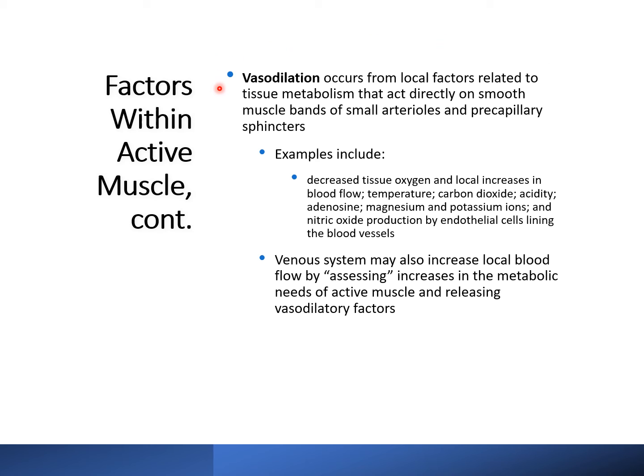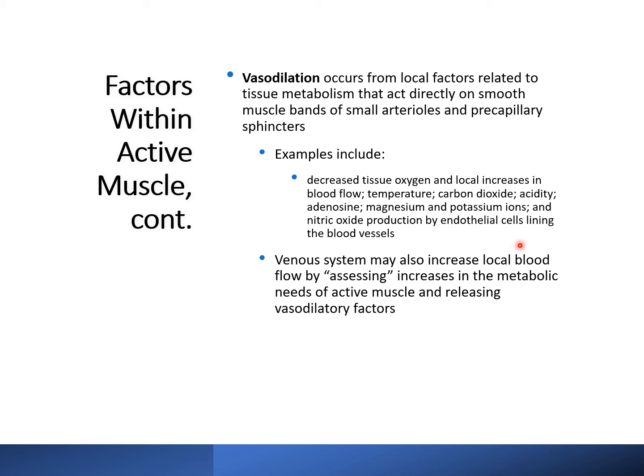Next we're going to talk about vasodilation. Vasodilation occurs from local factors related to tissue metabolism or energy demands that act directly on the smooth muscle bands of the small arterioles and the precapillary sphincters. So we literally just talked about this, right? That vasodilation is basically going to happen for any one of these reasons here.